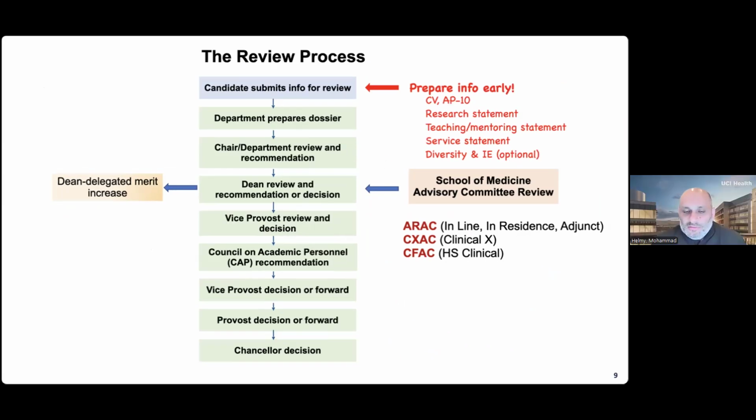The department may convene a merits and promotions committee that is not comprised of all faculty, or they may conduct a process with all faculty participating. So if you compare notes between departments with colleagues, for example, you may find that it's not identical, what happens at the department level before a final recommendation comes up to the dean's office. But in the end, the required input is the same across the board, regardless of how you get there.